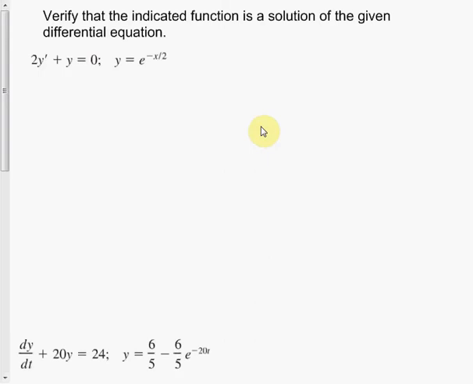So in section 1.1, just a few problems here where they give you a solution, and then they want you to simply verify that that indeed is the solution. Later on, as we go, this would be a guideline for you that when you solve a differential equation, take that solution that you found and go back and check it into that original equation to make sure that everything checks out.